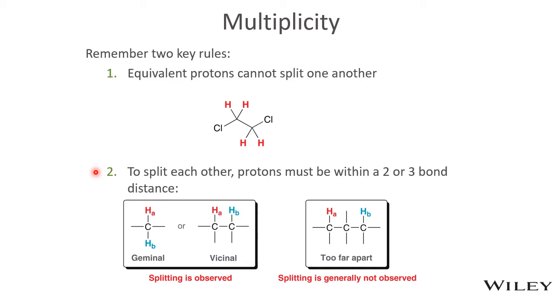Second, in order to split each other, protons must be within a 2 or 3 bond distance. So examples of that are a geminal arrangement, where the two different protons are attached to the same carbon. This scenario is fairly rare. We're not really going to encounter many molecules with this type of geminal arrangement. Most common is the vicinal arrangement, where we have the protons 3 bonds away, or essentially they are on neighboring carbons.